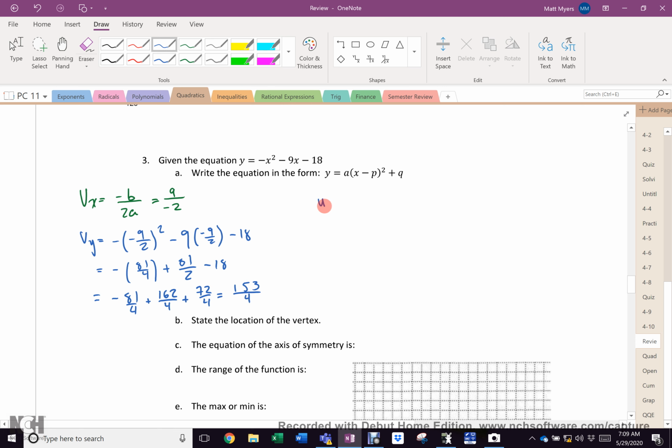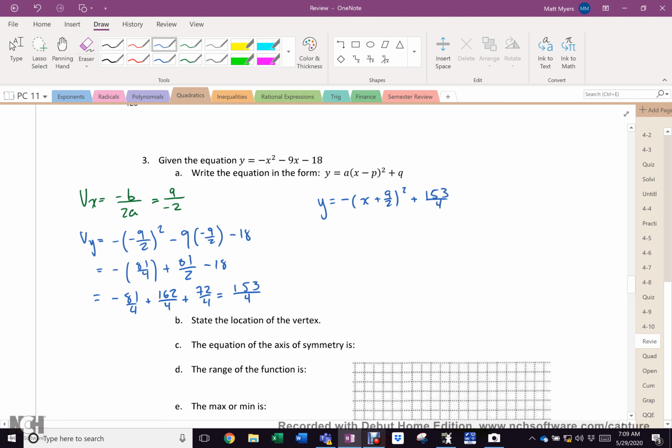So y equals negative x plus 9/2 squared plus 153 over 4.